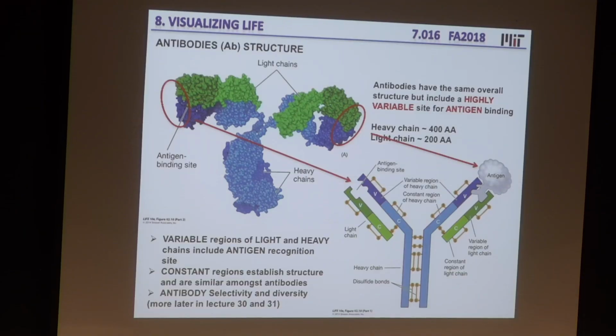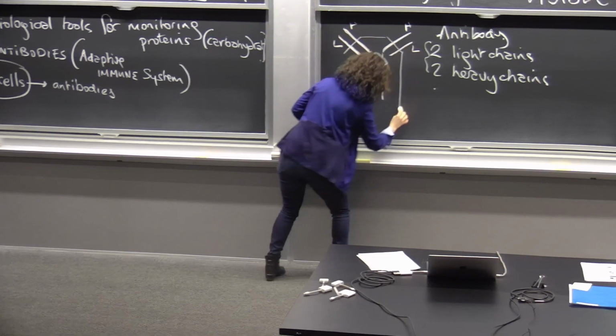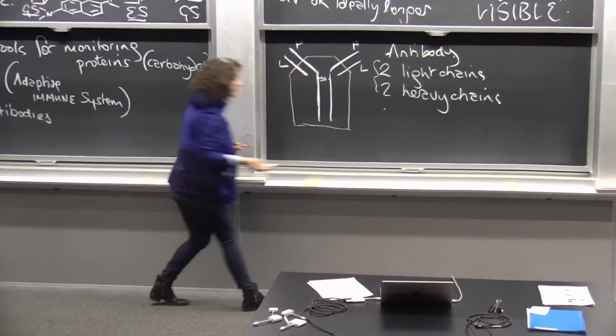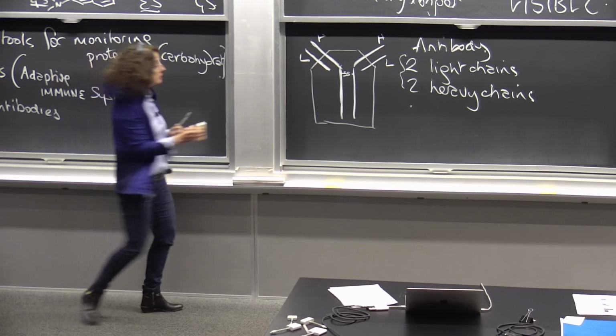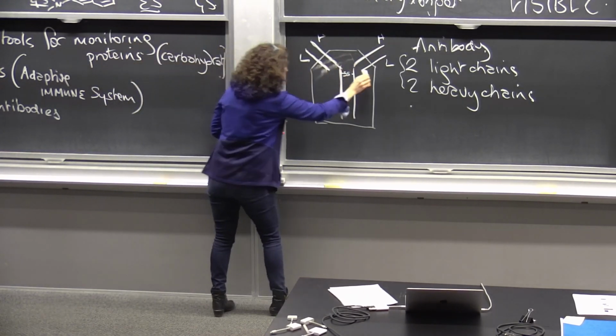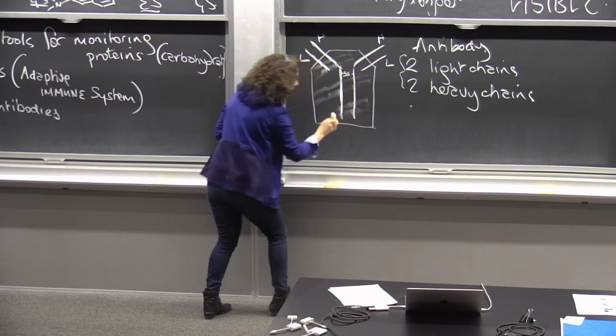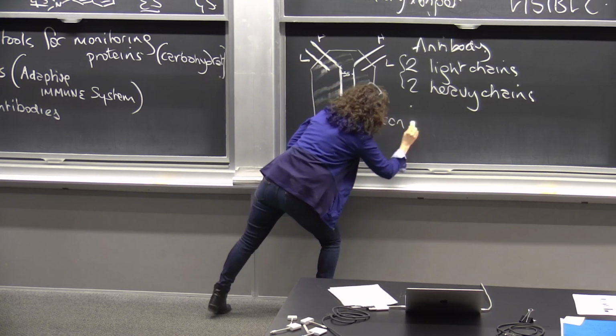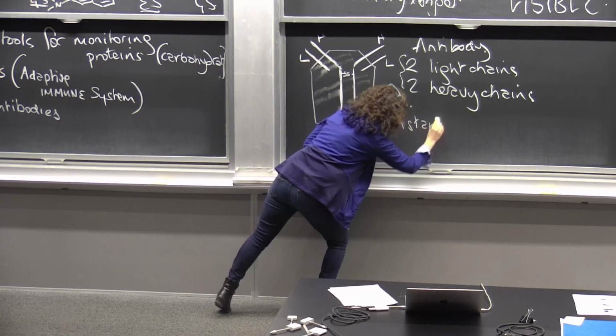But the key thing about antibodies is that the majority of the structure stays fairly constant. So this doesn't get modified when B cells mature.